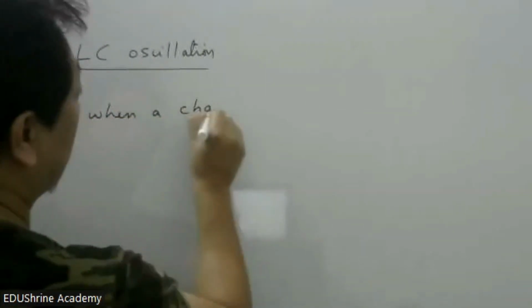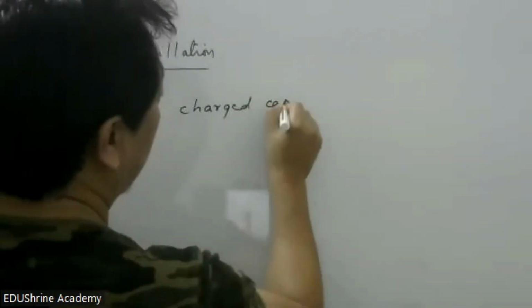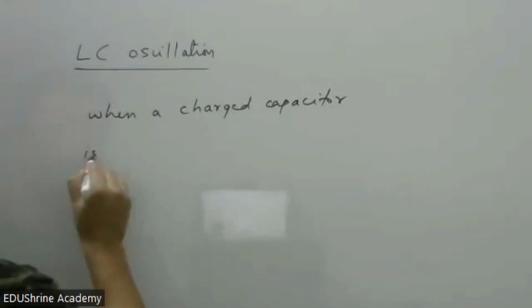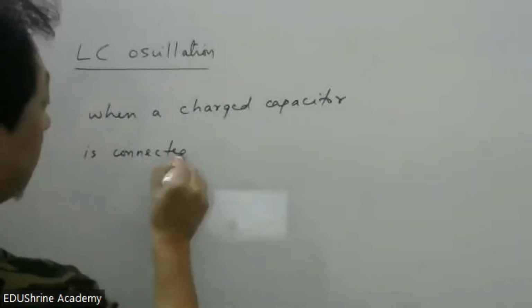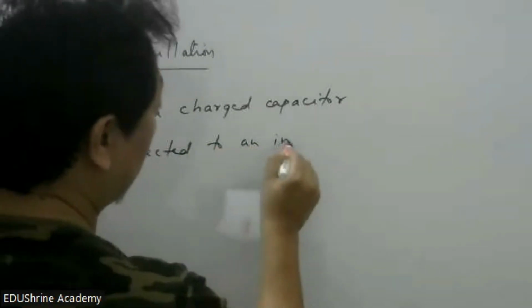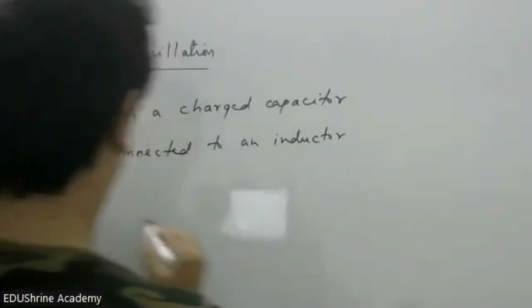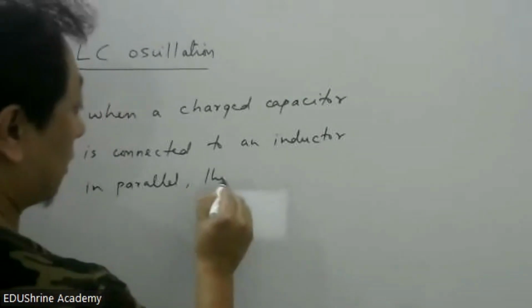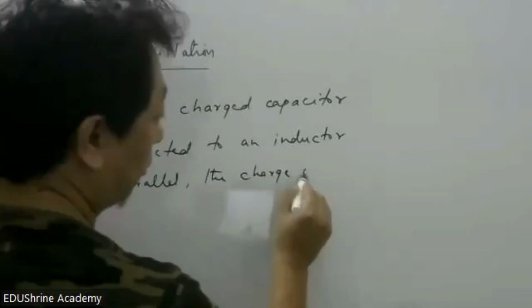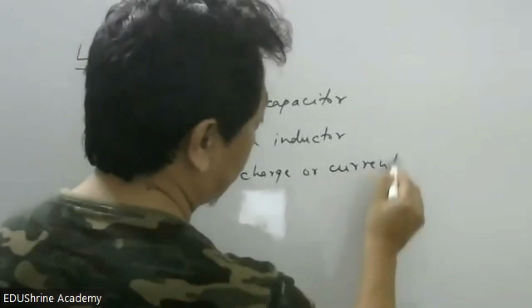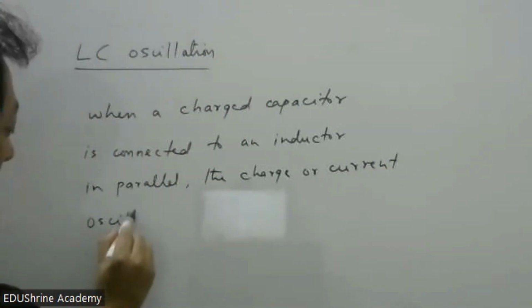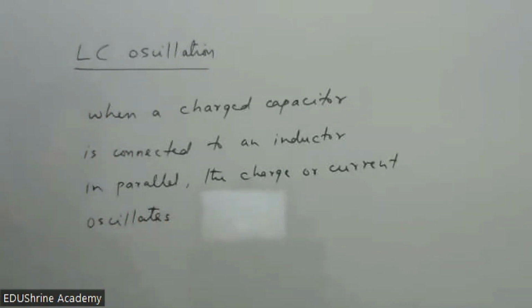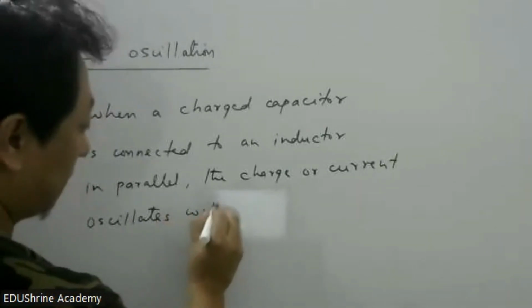When a charged capacitor is connected to an inductor in parallel, the charge or current oscillates. Why it oscillates, we will see, don't worry.